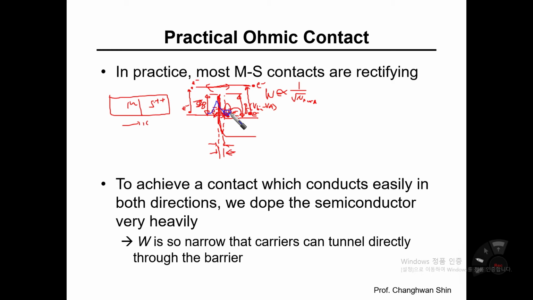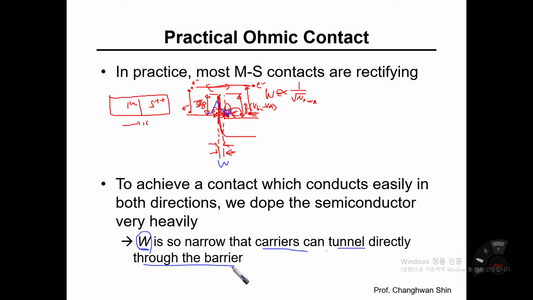This physical event can be described by the word tunneling. As described here, the depletion layer width W is so narrow that carriers in the MS contact can tunnel directly through the barrier.